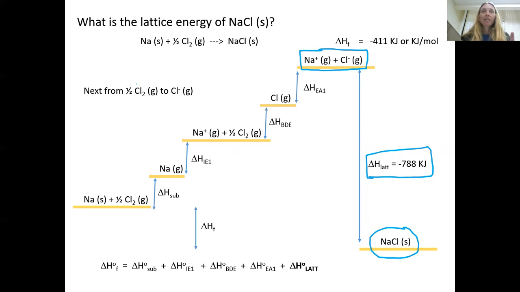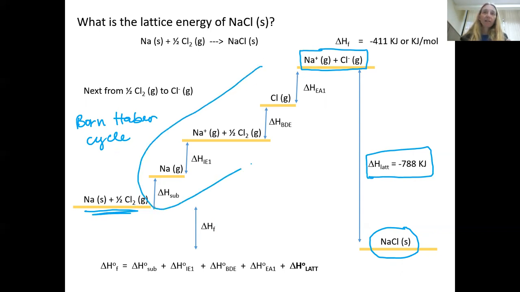Okay, so this is the Born-Haber cycle. And basically, we're taking physical reactants that we can put together, here the delta H of formation variables, and hypothetically coming up with a pathway to get to these ions that are gas that we can't really make, in order to figure out the energy that's created.